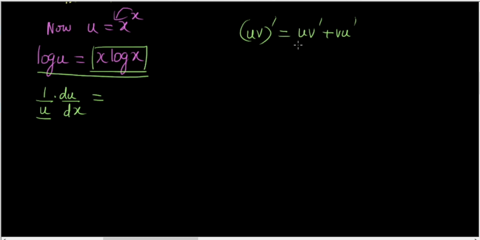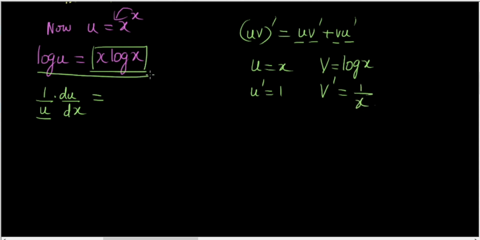So we keep our first function as it is and find the derivative of the second function, plus we write the second function as it is and write the derivative of the first function. So here we'll assume our u to be x, so u dash would be 1. v, let us consider as log x, so v dash would be 1 over x.